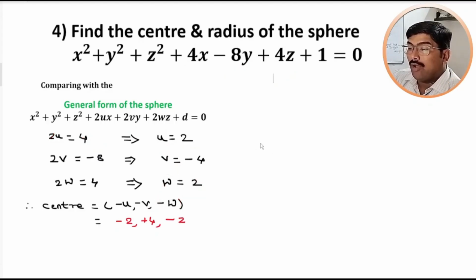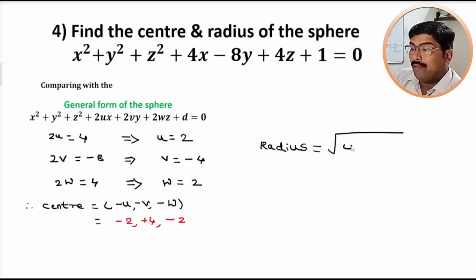Now the radius of sphere is given by the radius formula, that is square root of u square plus v square plus w square minus d. Just you have to substitute the value for u, v, w and d.